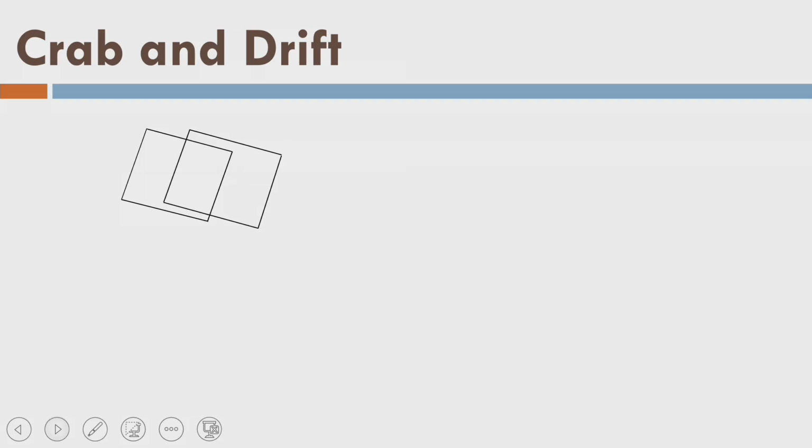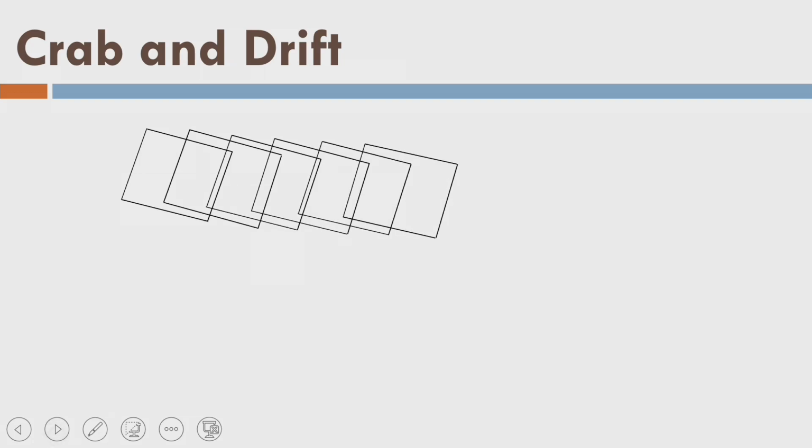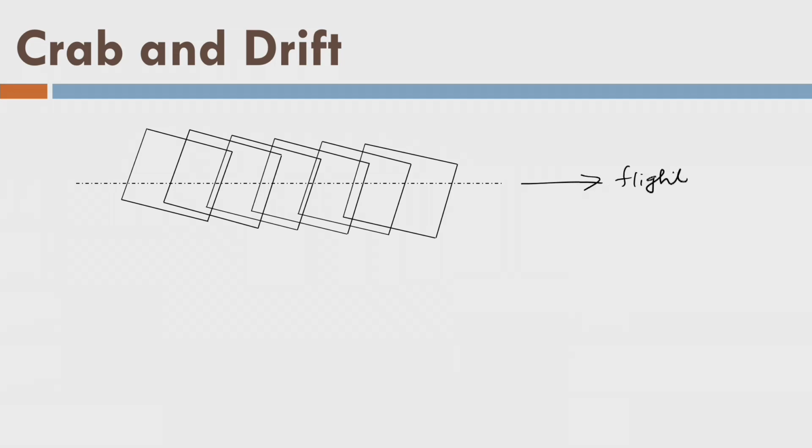Let us go ahead. There are two phenomena while we acquire the photographs. One is crab and another is drift. Let us look at what the crab is first. Let us see, there is a photograph like this and flight line, they are acquired like this. So, this is my flight line in this direction, or the flight direction, and the photographs are not aligned with the flight direction.